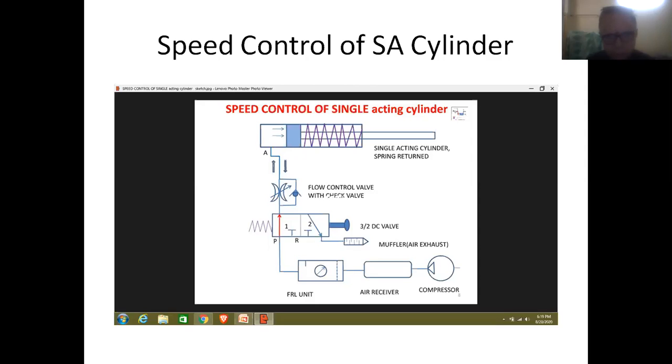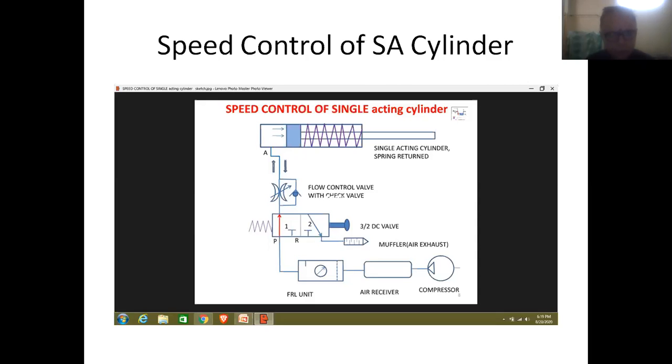This is the most important item so far as speed control is concerned, and this is called a flow regulator. Also, it is referred to as speed regulator. While operating the circuit, we have to control the quantity of fluid that is entering the cylinder.